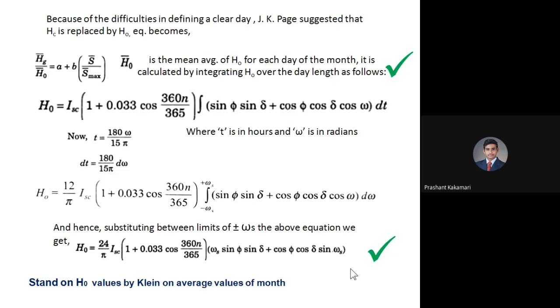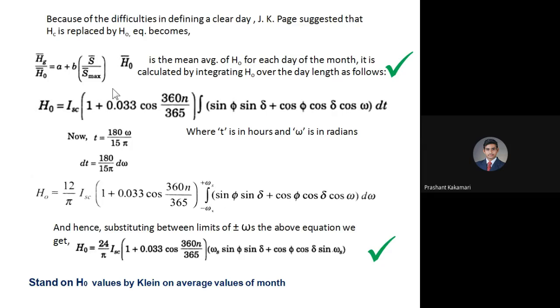Instead, what he suggested is that one can go for the extraterrestrial radiation, outside the atmospheric surface, where the sun is always clear and we can get the maximum solar radiation on the extraterrestrial surface. The average of that per month can be taken, and this ratio can be considered, that is Hg bar by H naught bar.